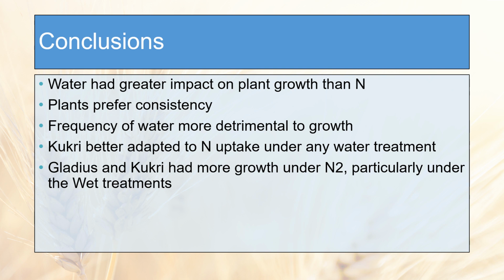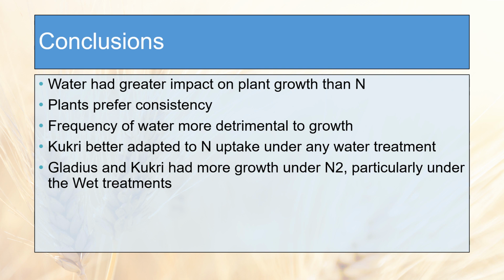Interestingly, but also maybe not surprisingly, Kukri was better adapted to nitrogen uptake under any of the water treatments, but this could be because it was more nitrogen use efficient than Gladius. And also Gladius and Kukri had more growth, particularly under the N2 treatment, my medium N treatment, especially when looking at the wet treatments, and also, as we saw with the specific root length, under the wet-dry treatments.